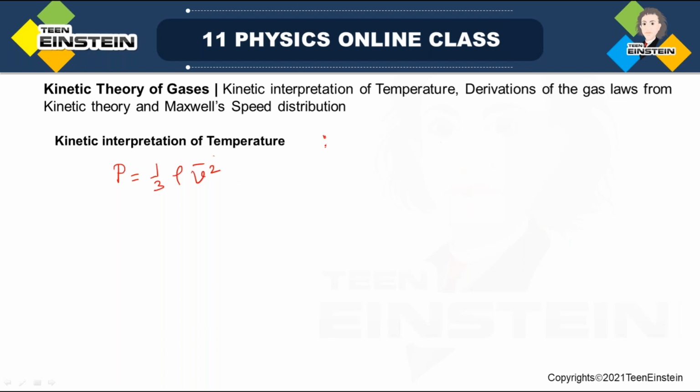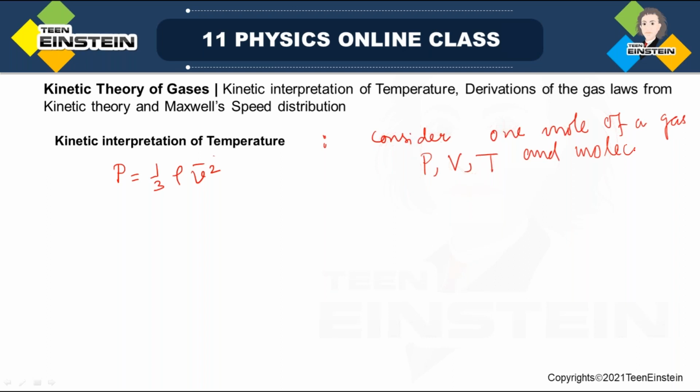First of all, let us consider 1 mole of a gas, an ideal gas obviously, which has pressure P, volume V, and it is at temperature T. This is the equilibrium temperature, and suppose the molecular weight is capital M.